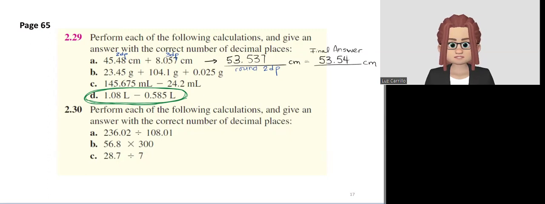But understand that because here we have multiplication and division, we're technically not going to be looking at the decimal places. We're going to be looking at the significant figures of each of these measurements, okay? So take a moment and determine what is the correct number of significant figures for each of the digits on letter A.